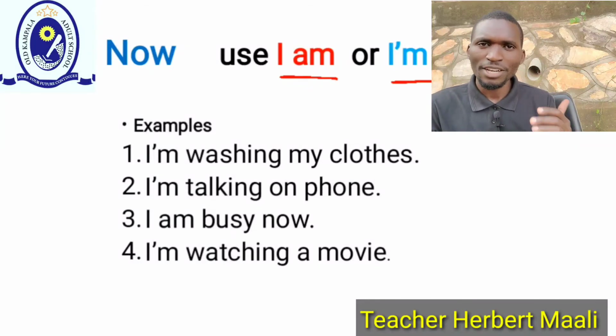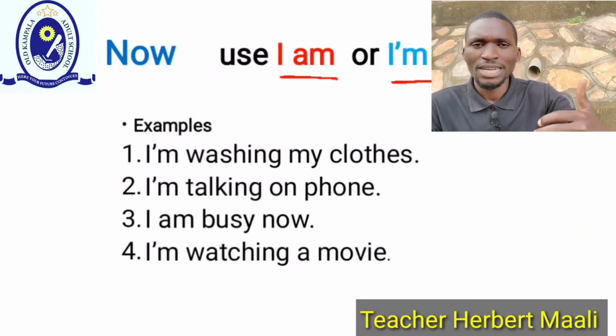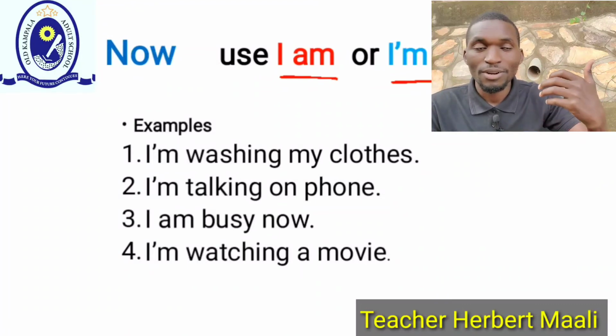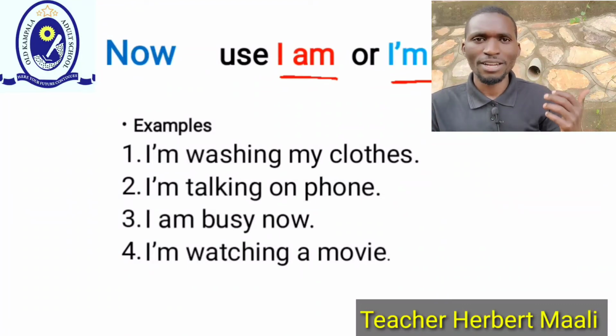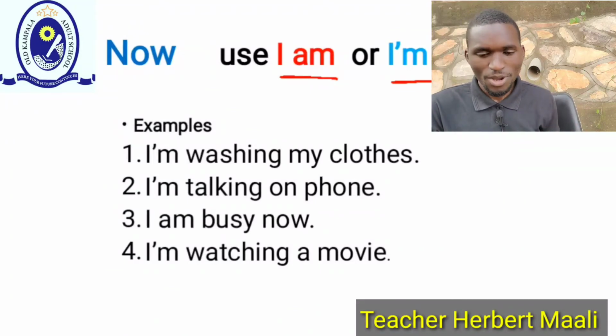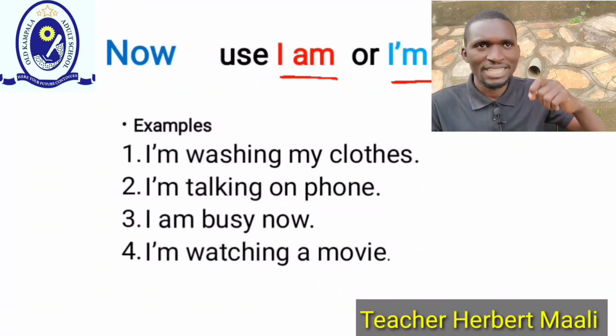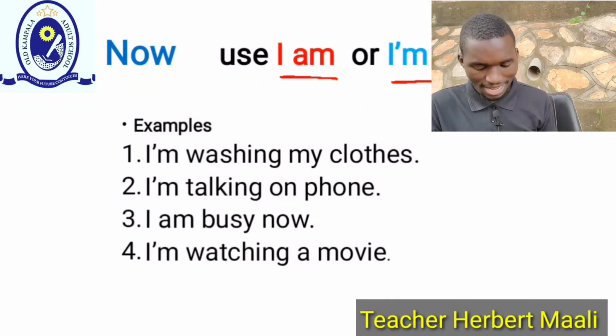We can't use them for actions which happened yesterday, or for actions which will happen tomorrow. Neither can we use them for actions that happen again and again, and we cannot use them for actions which have just happened. We use "I am" or "am" only for actions which are happening right now.